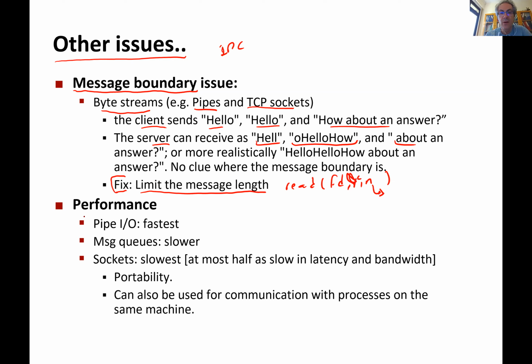And given all these discussions, we should also be able to discuss their performance and what are their ups and downs. Usually, pipe IO is the fastest of these IPC mechanisms, because you're essentially just writing into an array in the kernel level.